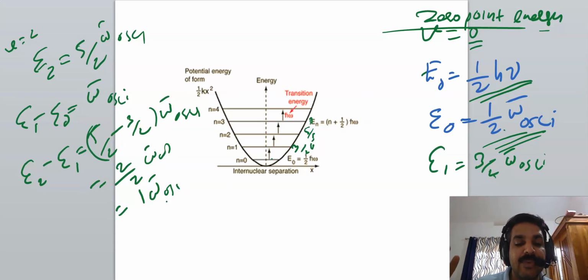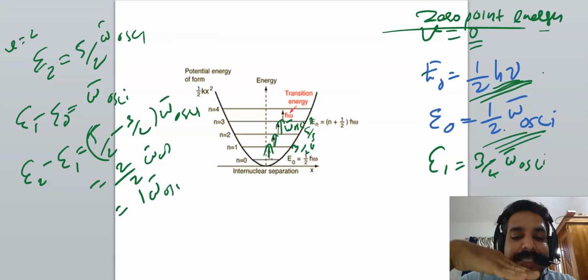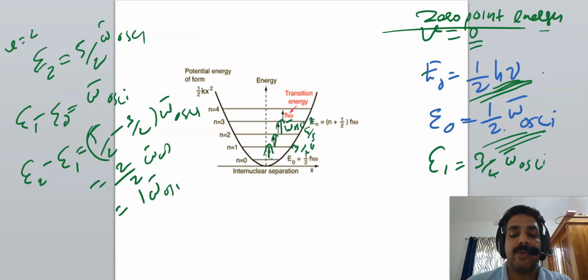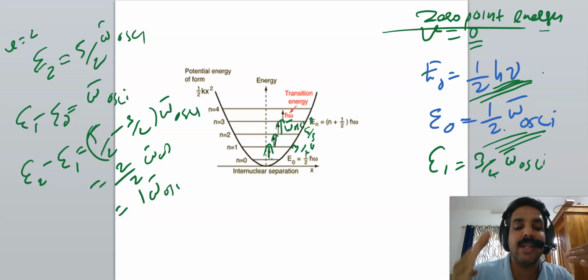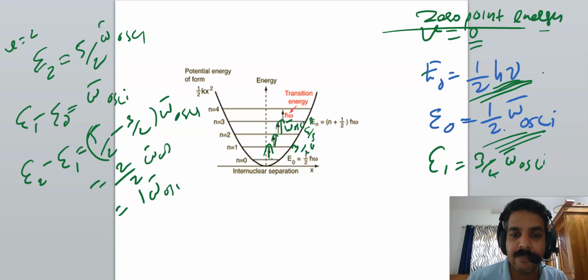That means the energy difference is always the same. From the 0 to 1 state, 1 to 2, 2 to 3, the energy difference is always the same, and it is equal to omega bar oscillation, or h nu. So energy levels are evenly spaced. In the simple harmonic oscillator approximation, the spacing between the energy levels is constant.